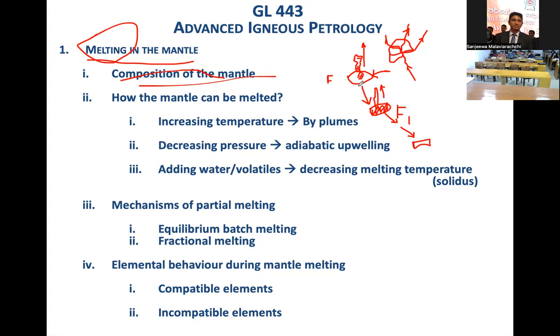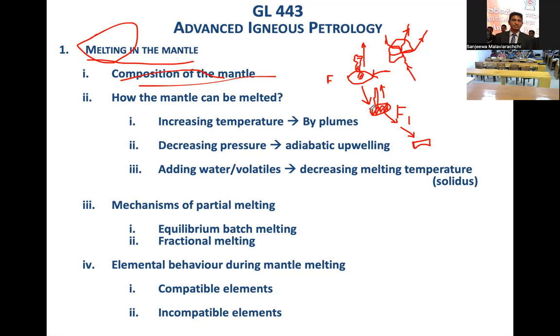Each of these steps might be represented with the degree of melting. We will discuss details later, but just keep in mind, initially it can melt only a very little amount, like 1% of melting. That means the majority of the mantle will remain unmelted.